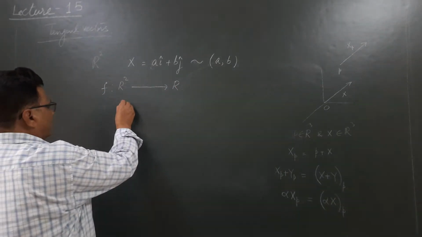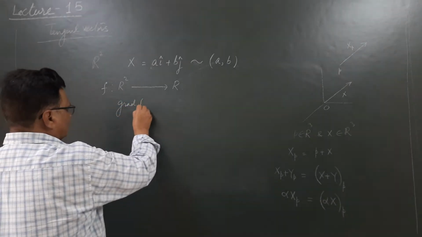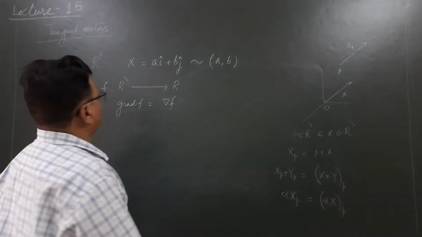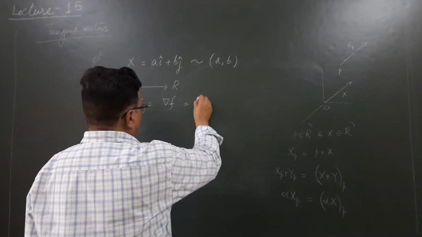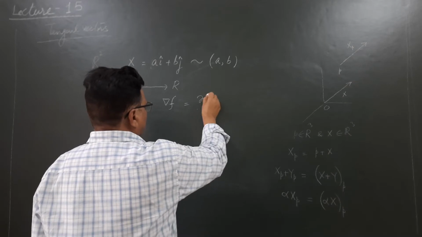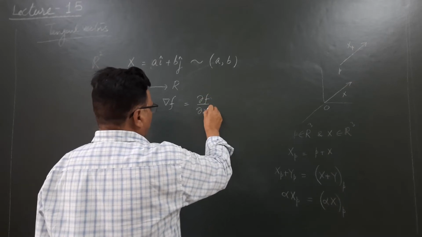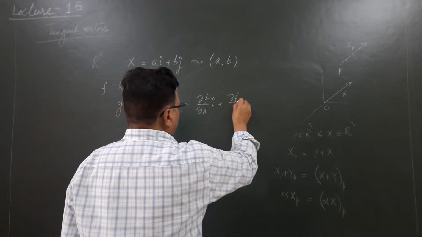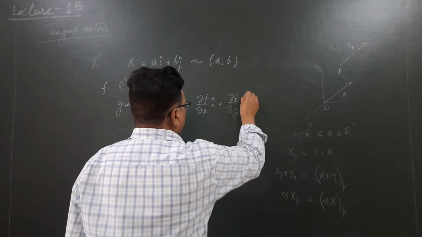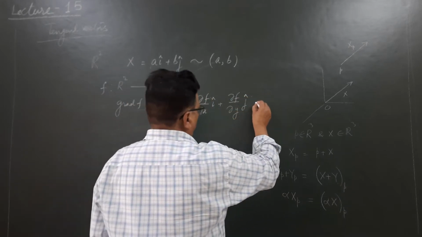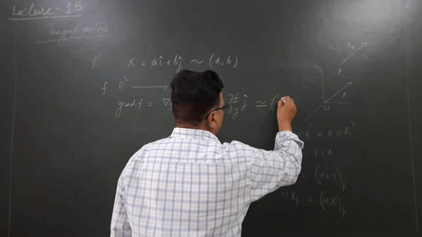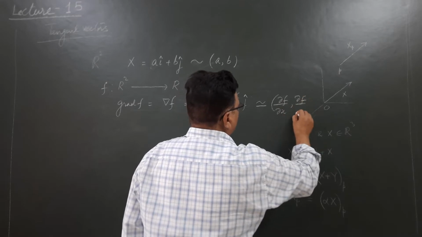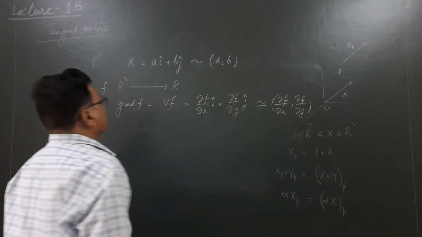Then the gradient of f, or you also write del f, is a vector which can be written as del f upon del x i plus del f upon del y j, or you can also identify this vector with the pair (del f upon del x, del f upon del y). Okay.